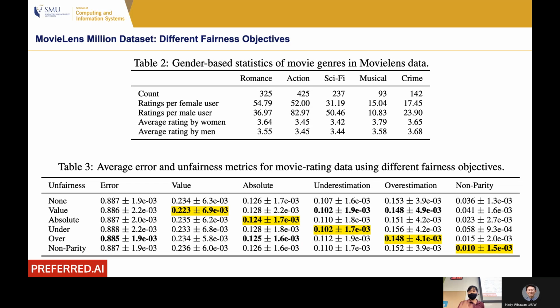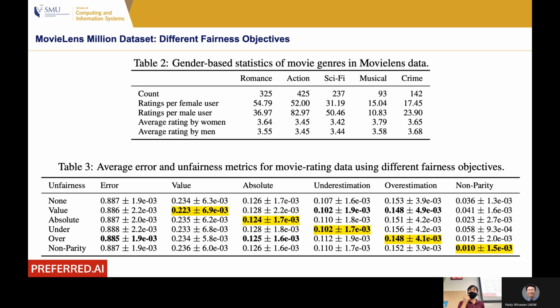So just a couple of observations here. Optimizing each of the fairness metrics also leads to the best performance on that particular metric, which is trivial. Similar to the synthetic data, optimizing the value unfairness also decreases the under and overestimation, as we see on the synthetic data.